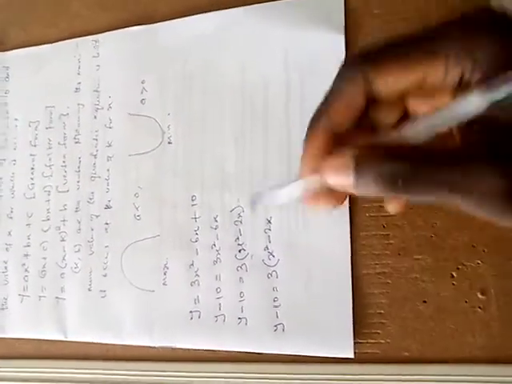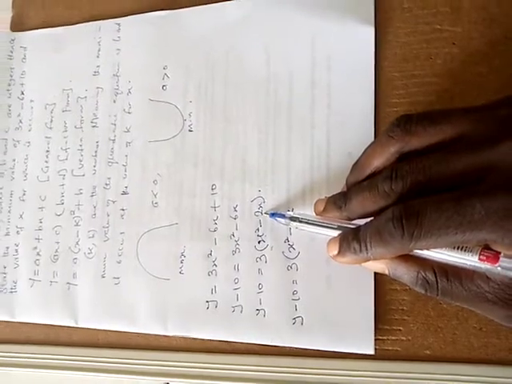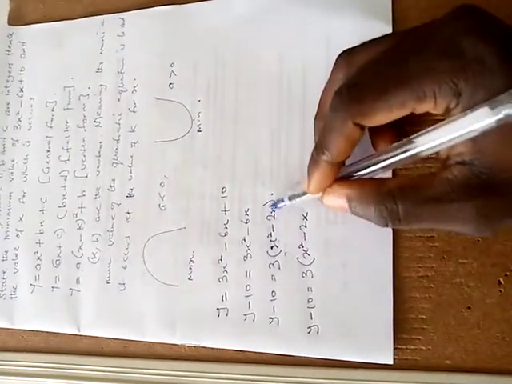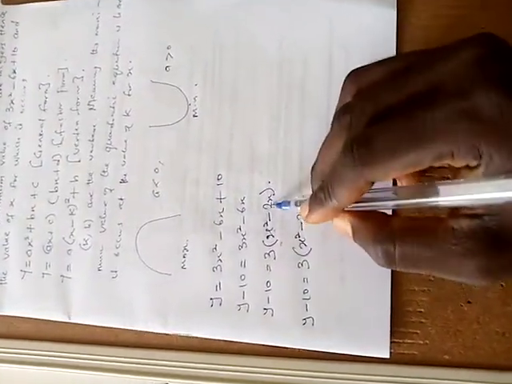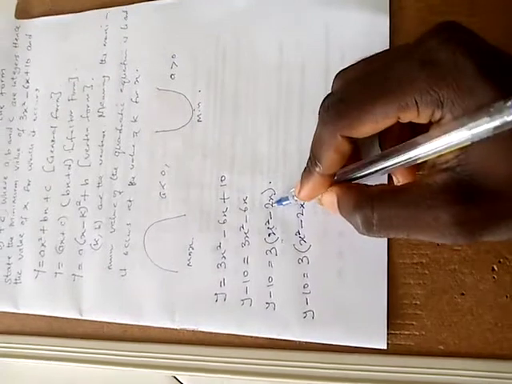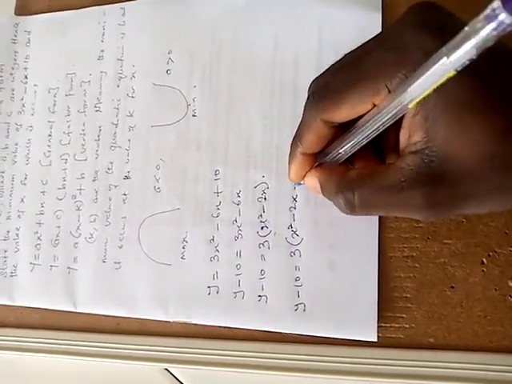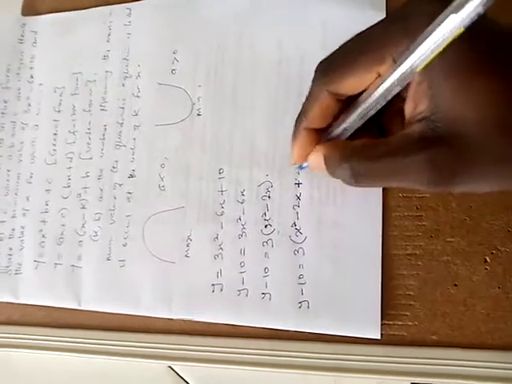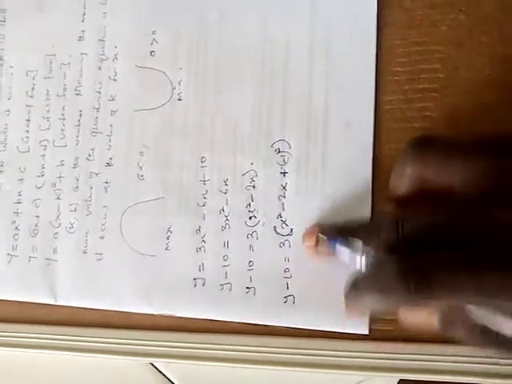I take half of the coefficient of x here, and then I'm going to square it. So half of minus 2 is minus 2 divided by 2, that's minus 1. So I'm going to add that minus 1 squared inside the bracket. Then, because I have done this here, I have to also add it to the other side.